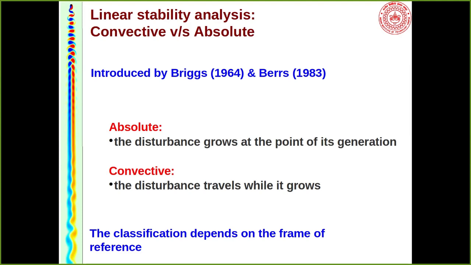But if I have in mind that these fires could also grow while the origin is changing, then maybe I can have an air station which is global or whatever. And obviously the classification will depend on the frame of reference. So if there's a moving instability, I can actually move with it, and that observer will say, hey, I see this as an absolute instability. It is not convective. So that ambiguity is there.